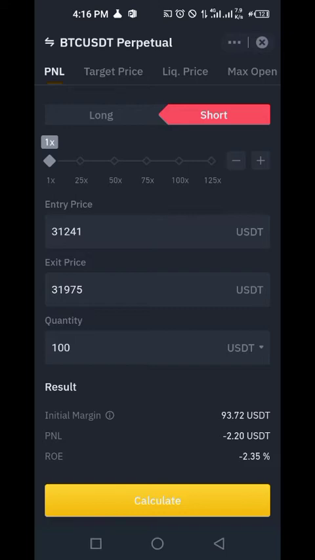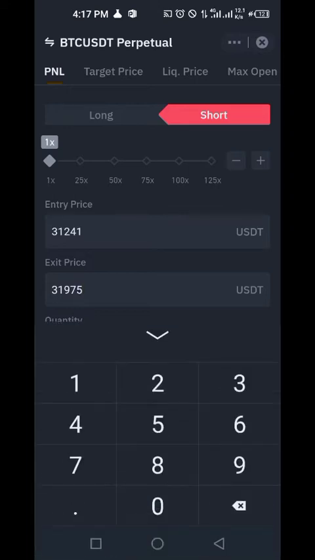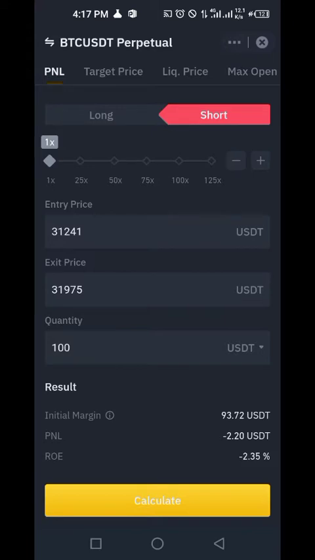So $2.20 is what I'll be losing if the exit price that was given is the stop loss.